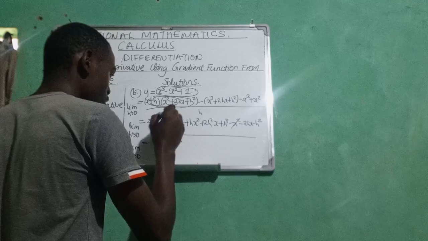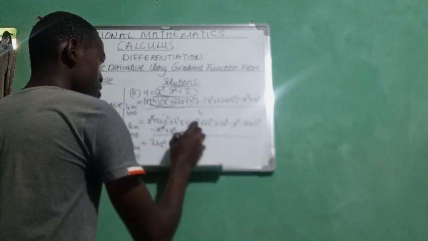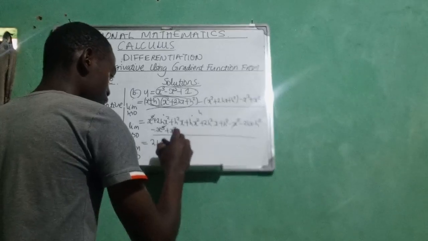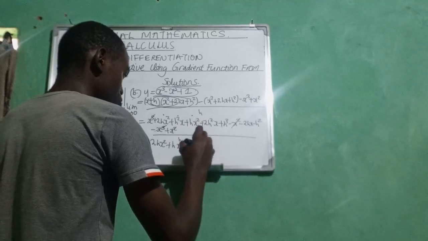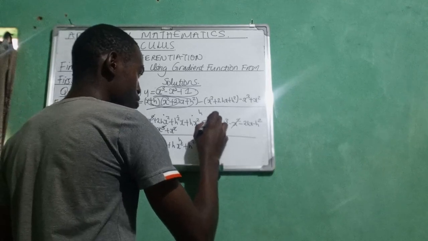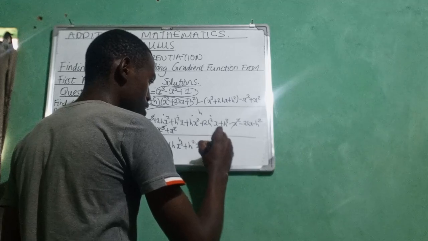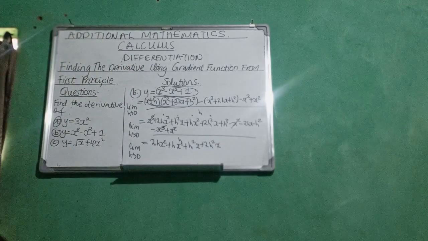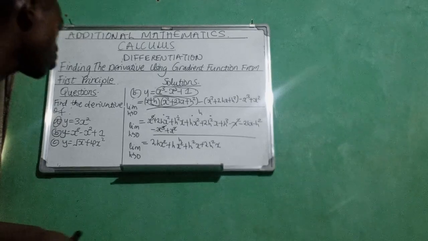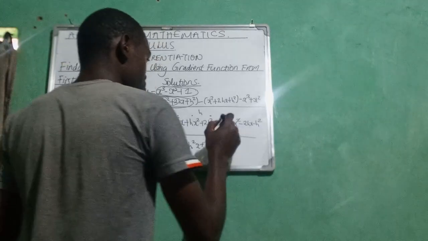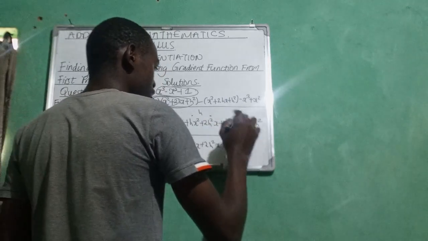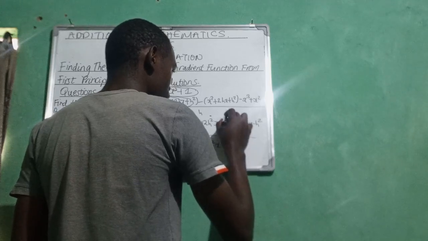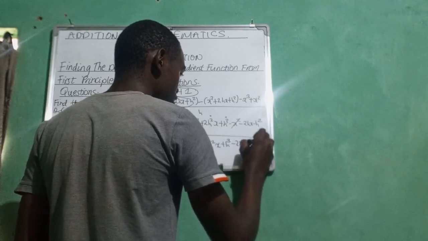We have 2hx squared plus hx squared, then h squared x terms, plus h cubed, then minus 2hx minus h squared.